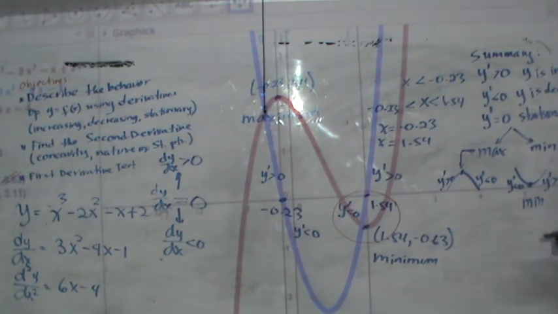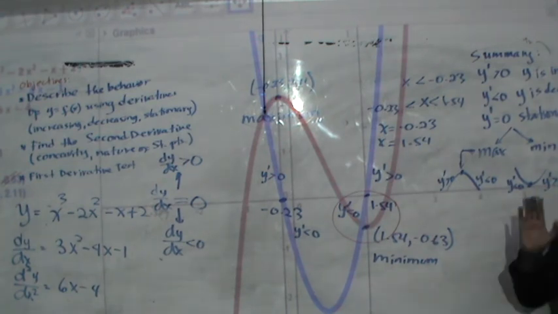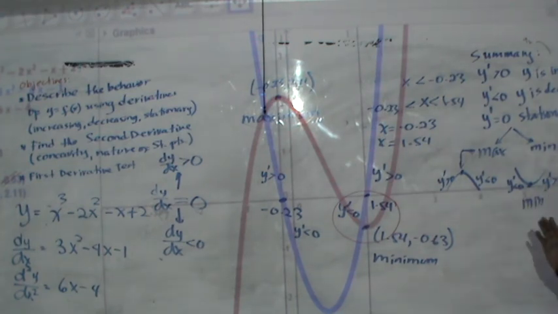If, for example, this part here is decreasing, then the stationary point, then increasing, then this stationary point is minimum.